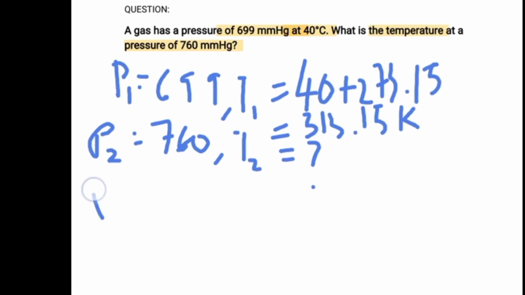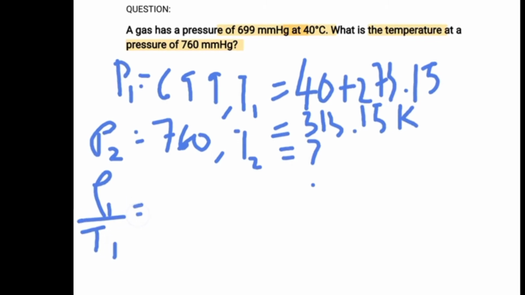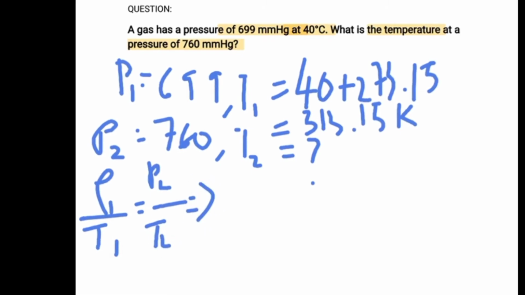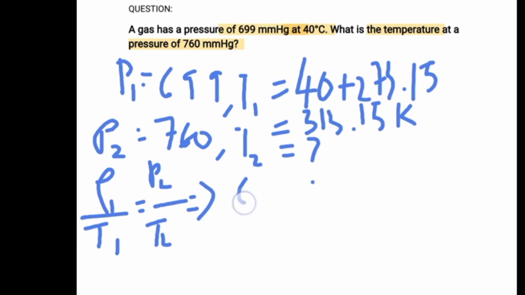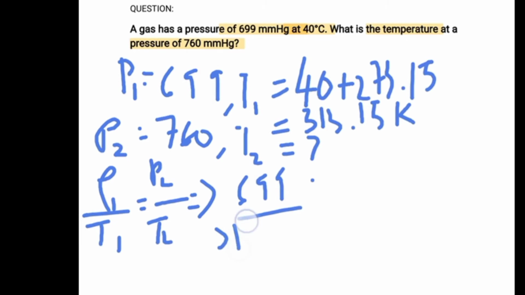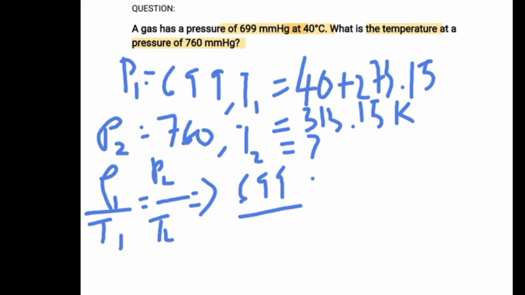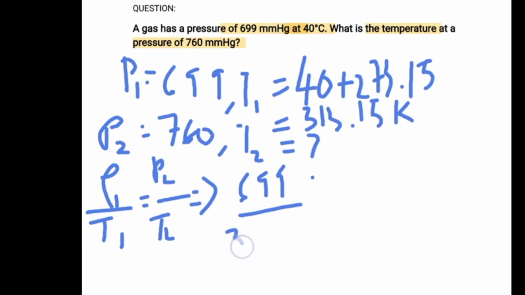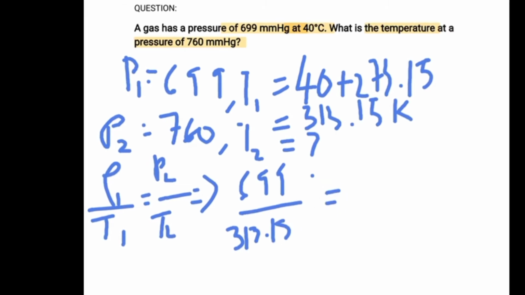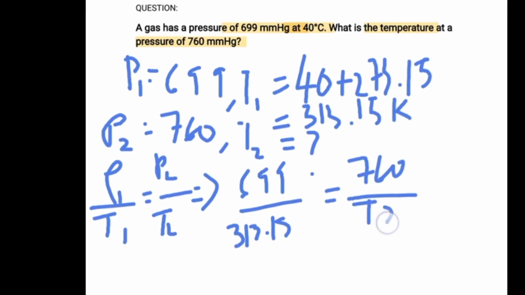So pressure law is P1 over T1 equal to P2 over T2. So just fill in the formula. 699 over 313.15 equal to pressure 2, which is 760, over T2.